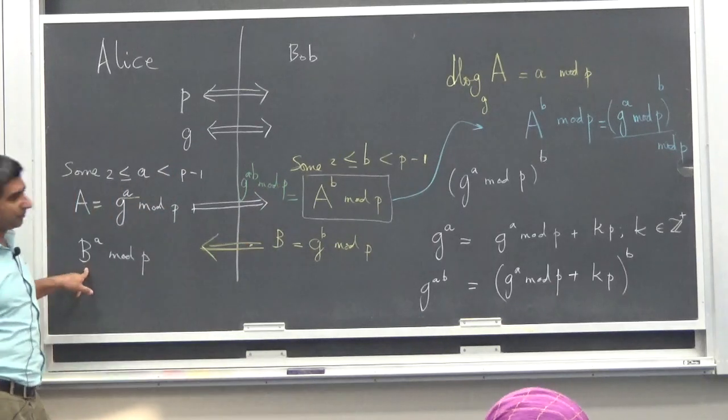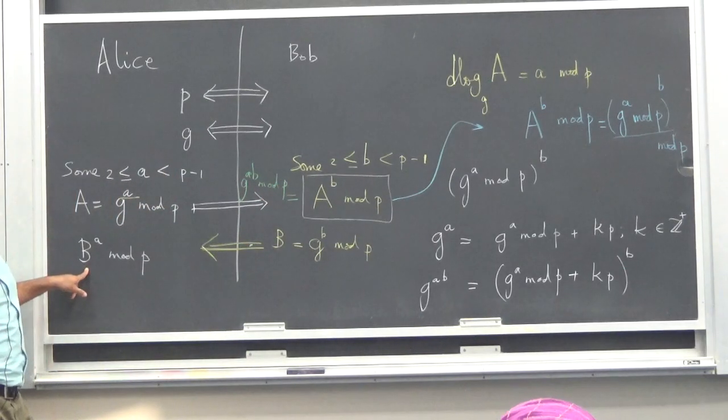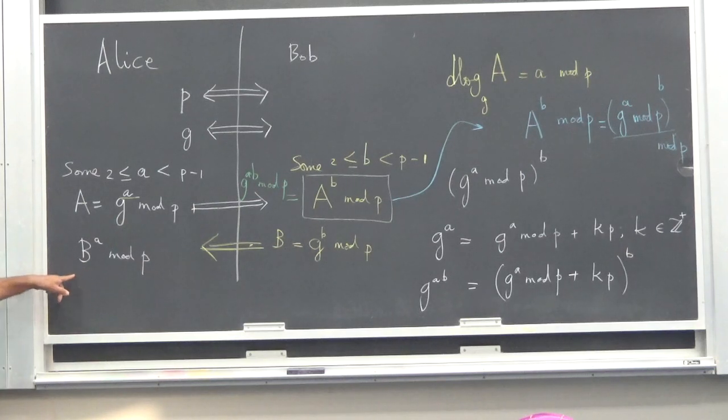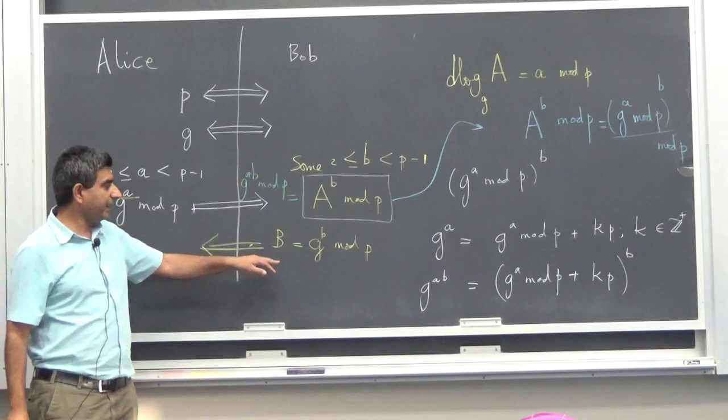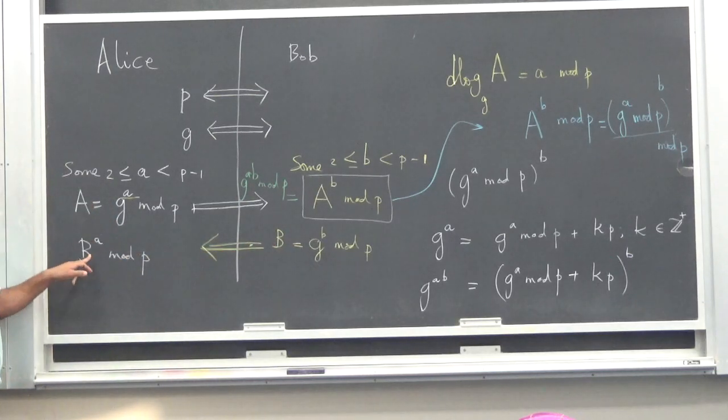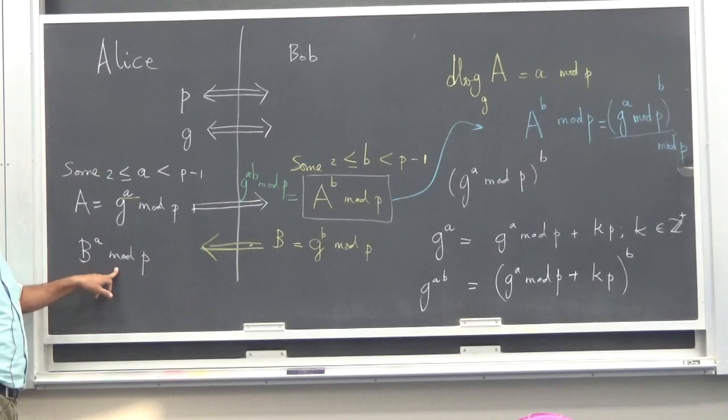What is this equal to? So Bob creates this capital B and sends it to Alice. Alice exponentiates it with respect to A. What should this be equal to?